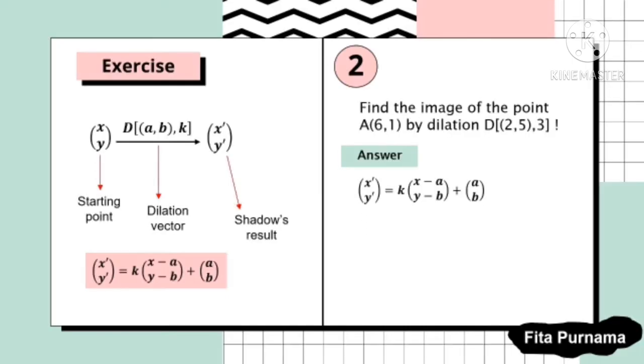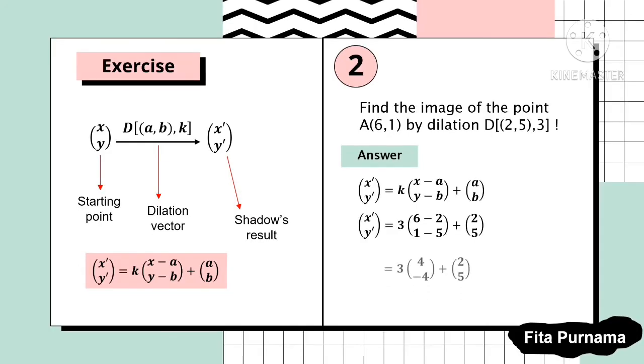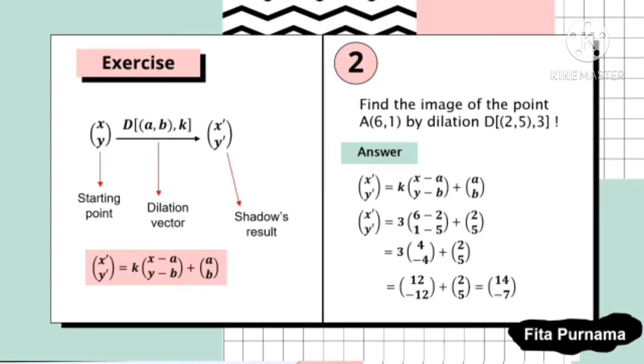Okay, the answer is K is equal to 3, X is equal to 6, Y is equal to 1, A and B are equal to 2 and 5. So we just change the variables with the values here, and we do the matrix operation until we find the answer. The answer is the matrix with the values 14, -7.